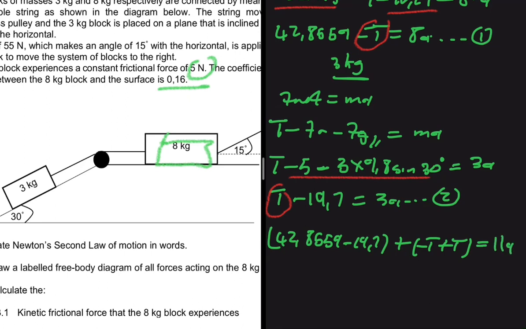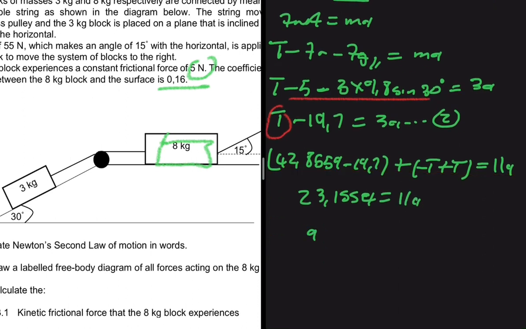So now we just have 42.8559 minus 19.7, which gives me 23.1559 being equal to 11a. So now it's just a matter of dividing both sides by 11 and seeing what we get. If we do that, we get 2.1051 meters per second squared.